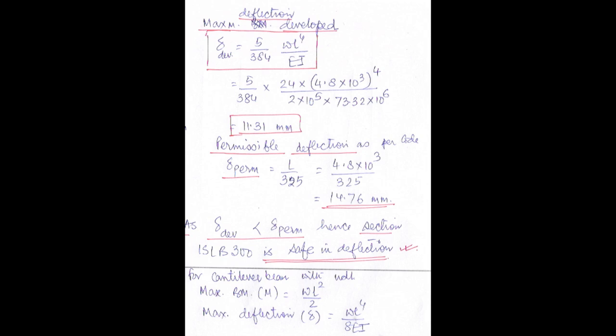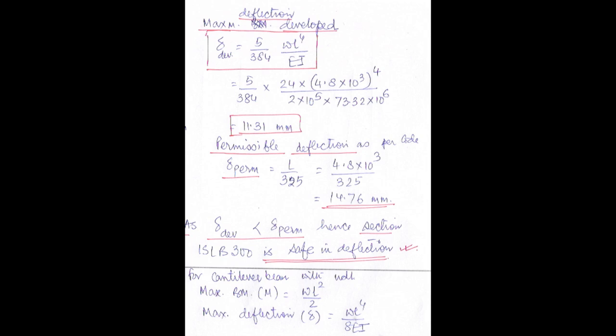So here I have shown you how to solve a steel beam design. But suppose in the question they have mentioned that it is for a cantilever beam. So please remember these two formulas. The maximum bending moment in case of a cantilever beam with UDL will be WL square by 2. Here for simply supported we used WL square by 8, but in case of cantilever you have to just use WL square by 2.